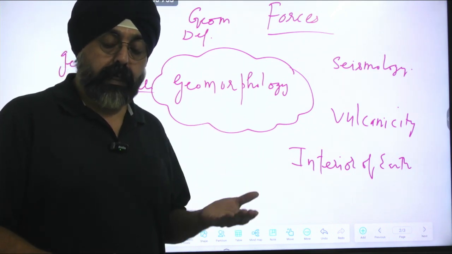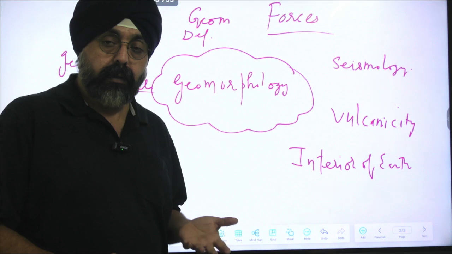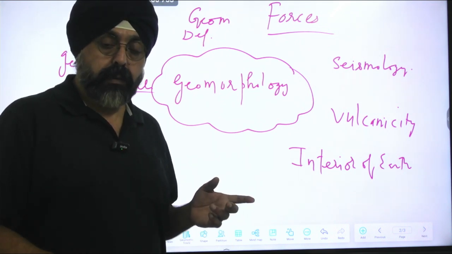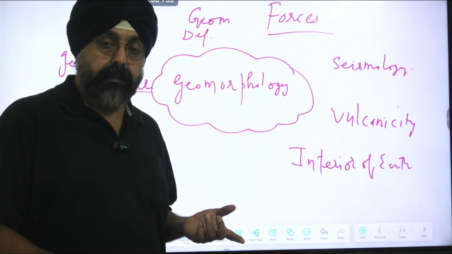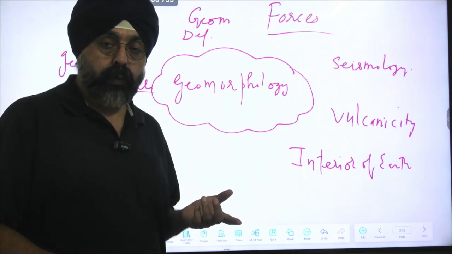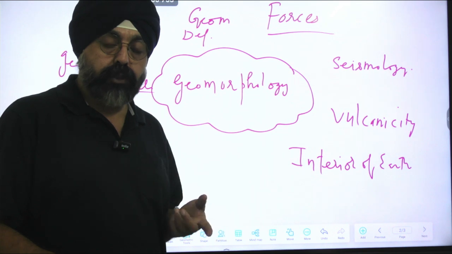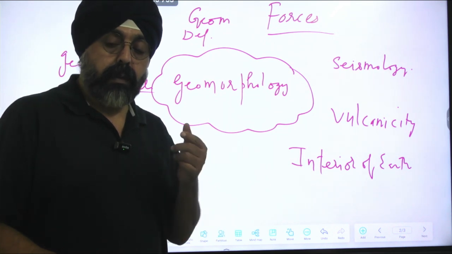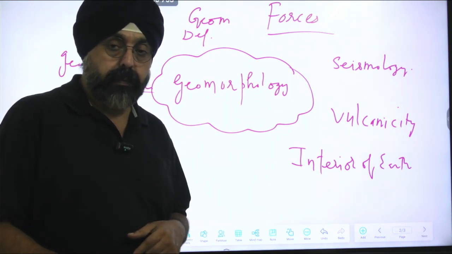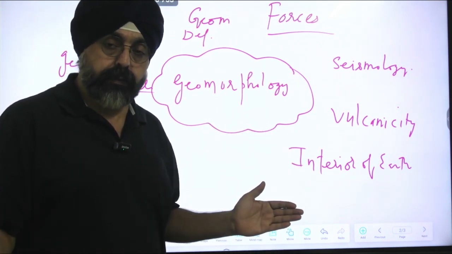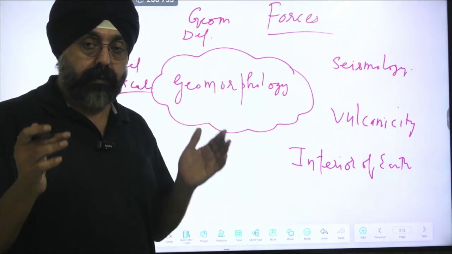And we are having now the six discontinuities: the Conrad, the Mohorovicic, the Lehmann 2, Repetti, Gutenberg-Wiechert, Lehmann 1. So, expanse of knowledge, they are increasing day after day.